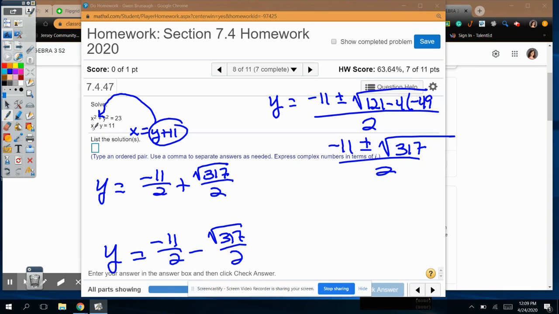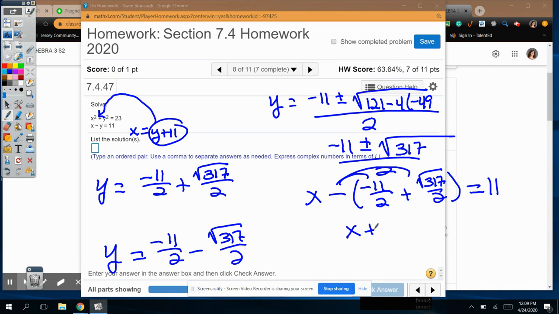Okay? So x minus all of this equals 11. So x minus, this is a horrible problem, negative 11 over 2 plus the square root of 317 over 2 equals 11. You would distribute this, so it'd be x plus 11 over 2 minus the square root of 317 over 2 equals 11.